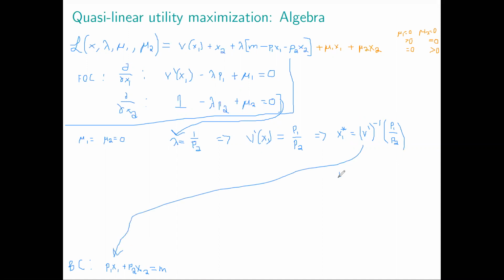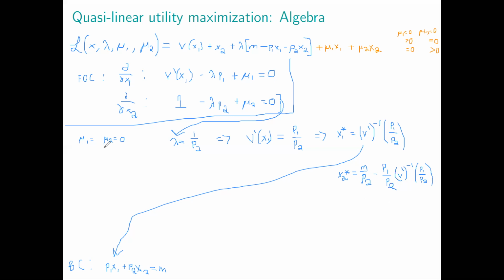So here we get x2 star then is equal to m over P2 minus P1 over P2 v prime inverse P1 over P2. So this is a solution.